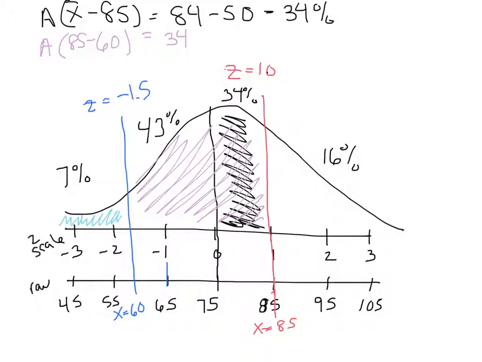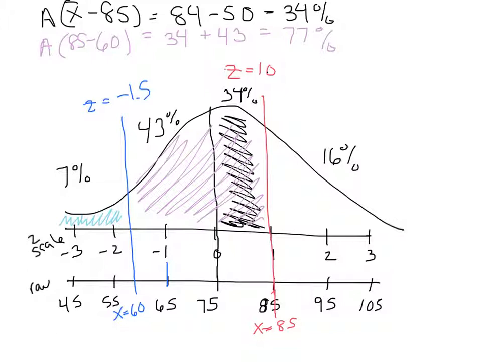So if I add that 43% to that 34 at my total, I'm going to have 77% as my area between an x-score of 60 and an x-score of 85.